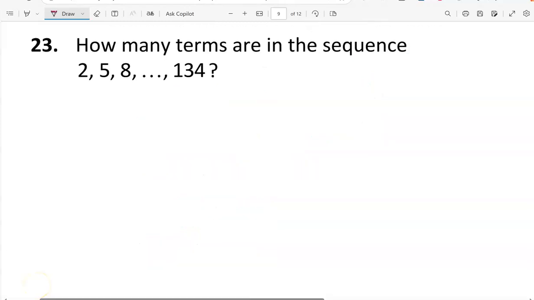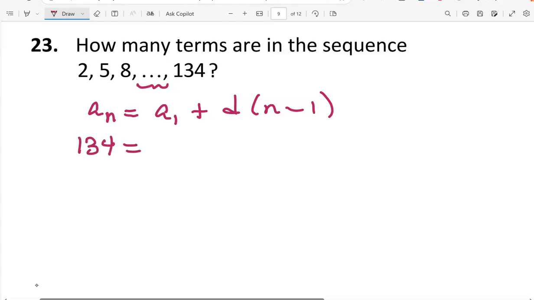In number 23, we are looking for the number of terms in this sequence, and we're missing some terms here in the middle. We do know the first 3 terms, however, and this is an arithmetic sequence we were told, so a sub n is equal to a sub 1 plus d times n minus 1. We do know that a sub n is 134. We just don't know what number term it is, which will tell us how many terms there are in the sequence. So we're going to be looking for n.